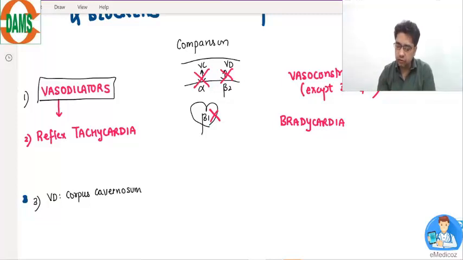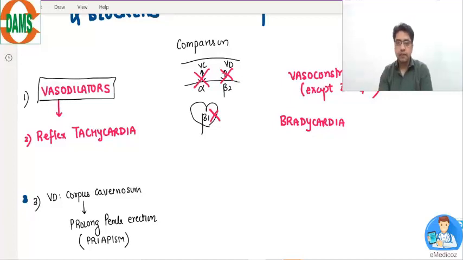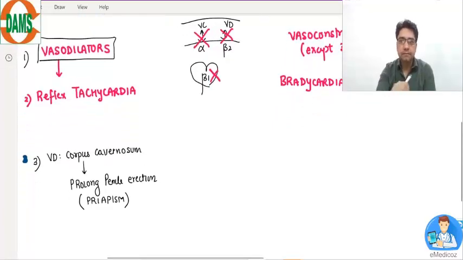Increase in blood flow can lead to prolonged penile erection, and this is known as priapism.